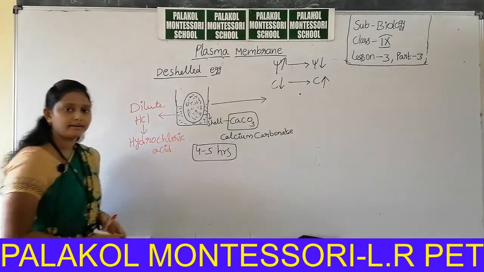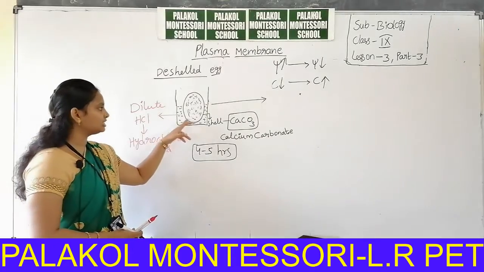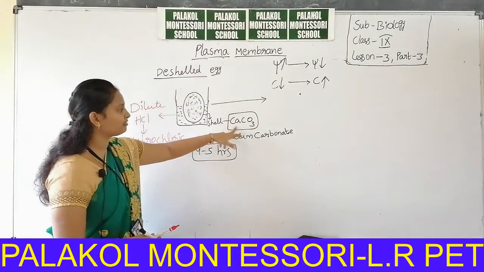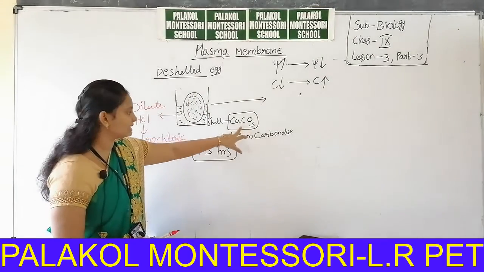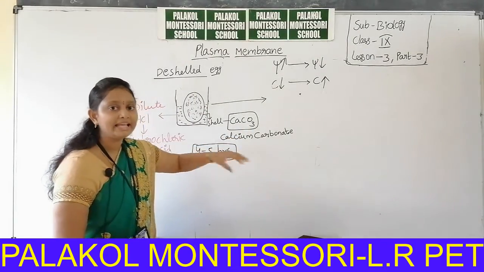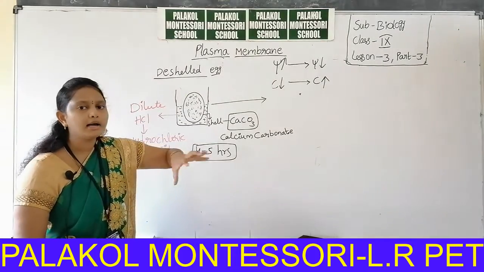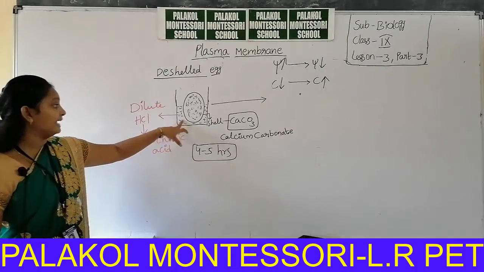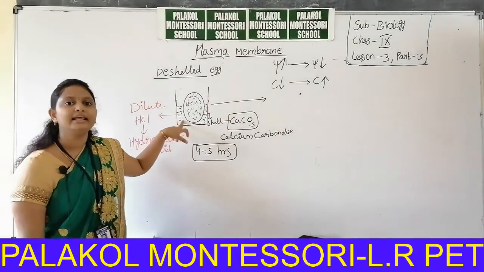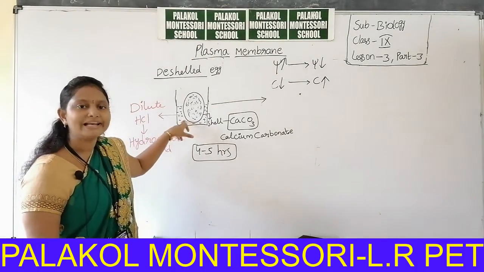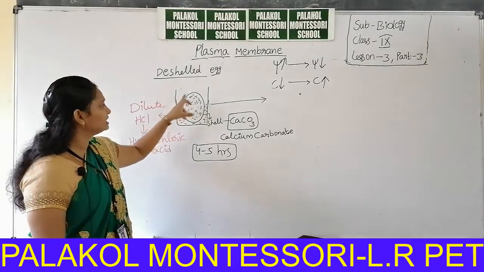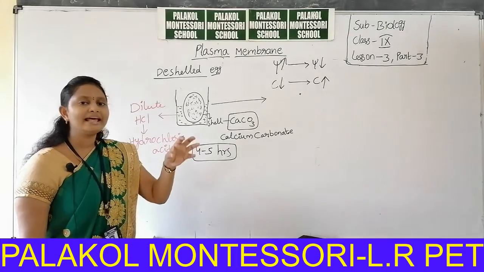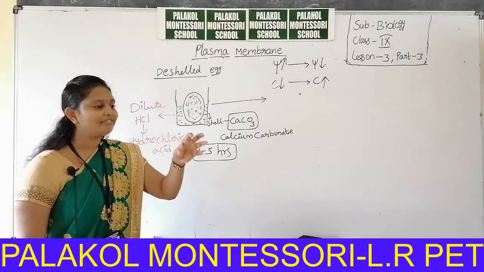The shell present on the surface of the egg, made up of CaCO3, calcium carbonate, is dissolved in the external dilute HCl. So the shell is dissolved, then what happened? The inner content will remain.